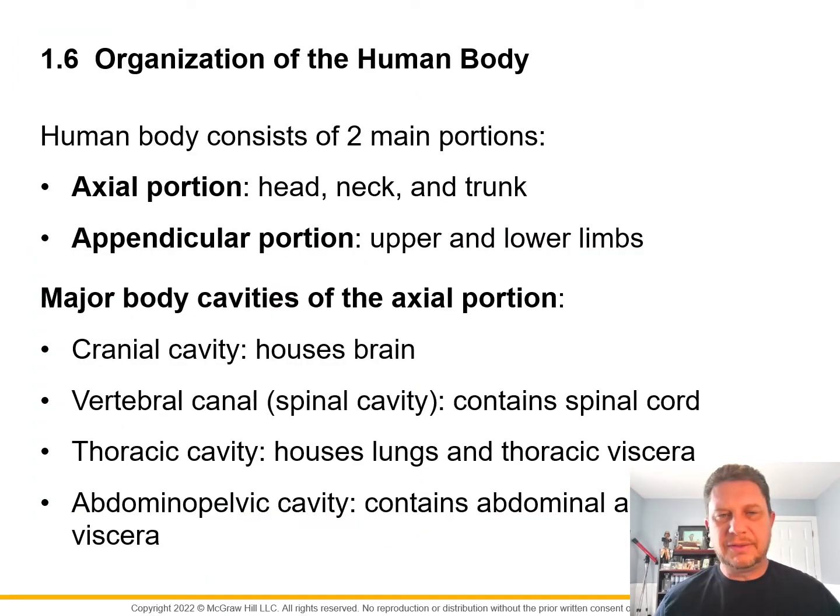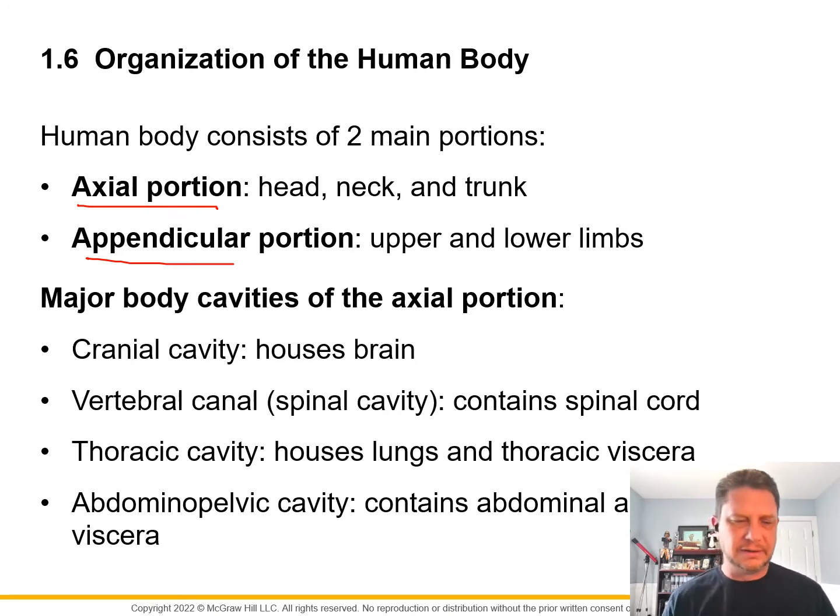So when we look at how the body's organized, there are two main portions. We call one the axial portion, which is the head, neck, and the body, which we refer to as the trunk. And then the appendicular portion, which are the upper and lower limbs. It would commonly be referred to as arms and legs. Now we'll see in a different video that the word leg, for instance, isn't the entire lower appendage if we're talking in science.